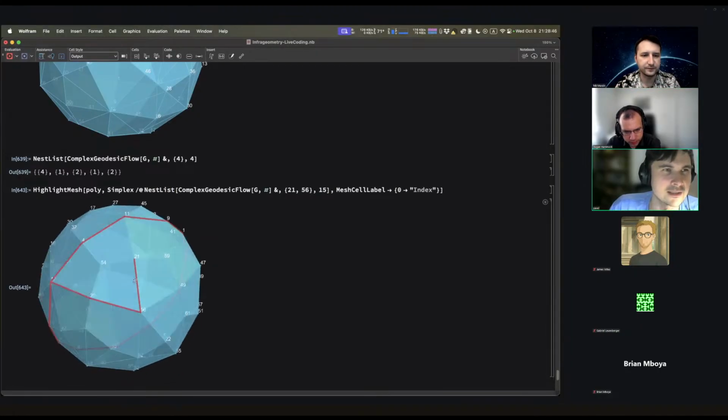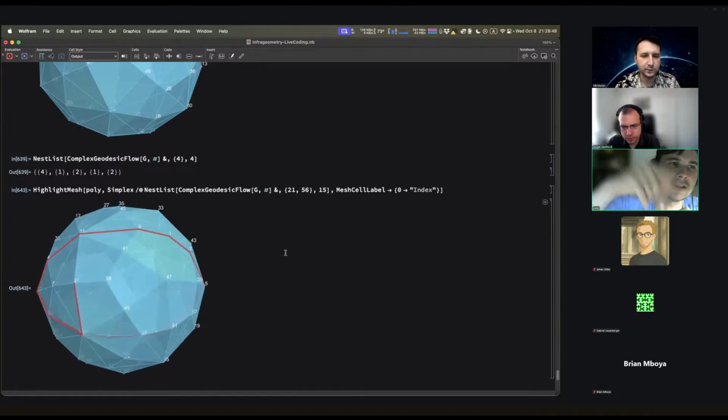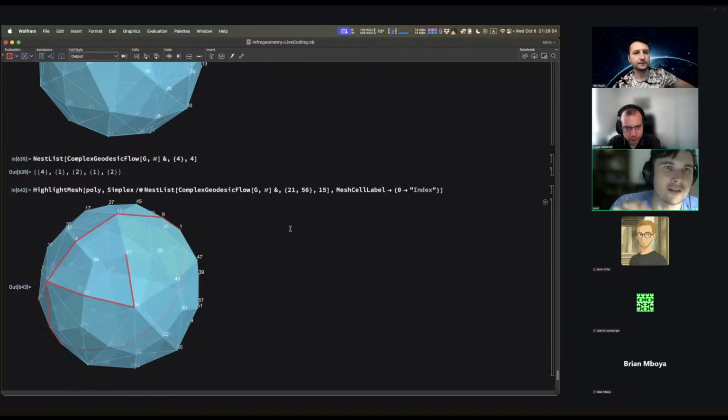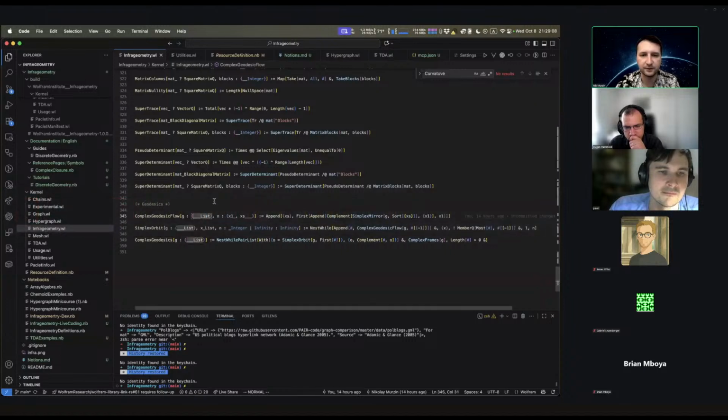And what is the starting condition? What is defining the initial vector? Like the initial vector is like the oriented edge, right? In a way, yes. Yeah, you just provide a simplex as your initial condition. And then there's this geodesic flow function, which is again some weird definition.